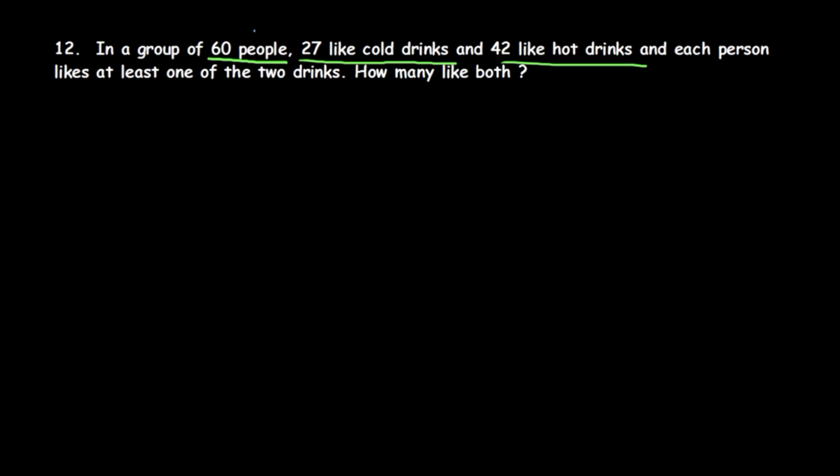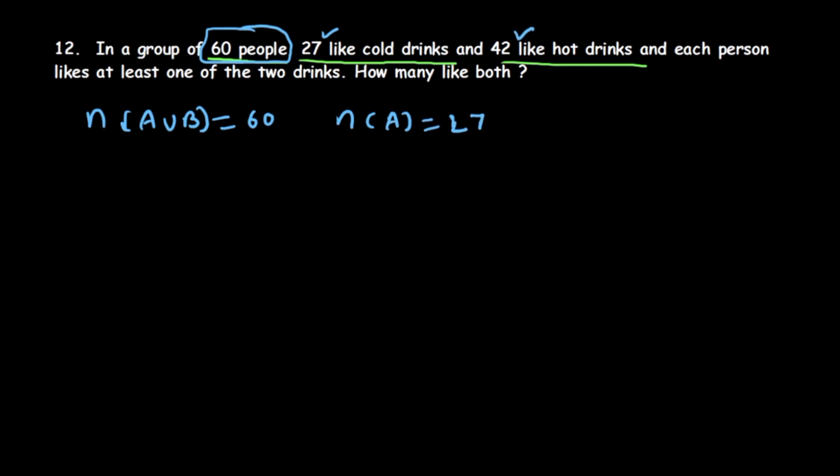There are total 60 pupils, so you can consider this one as n of A union B. Okay, n of A union B equal to 60, and 27 like cold drink. Those cold drink members you can take as set A. Then we have n of A is equal to 27, and 42 people like hot drink, so those people we are taking as set B. So n of B, the number of elements in set B, is 42. Okay, so now what is the question here? How many like both?